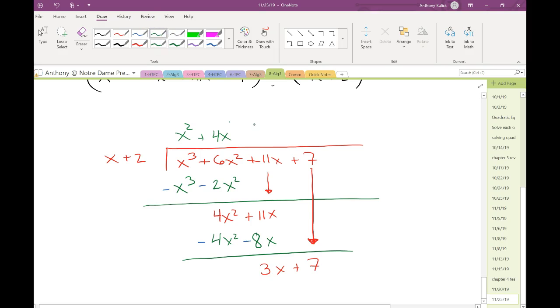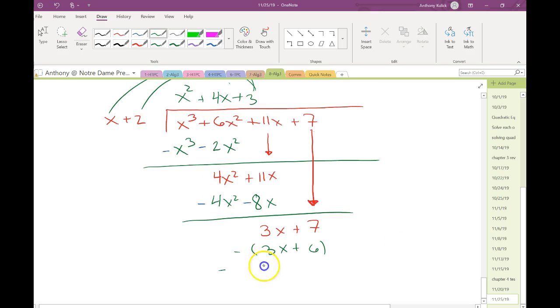And one more time we ask, what times x gives me 3x? 3. So I'll write a plus 3 up here. And then I multiply that to each part of my divisor. That gives me 3x plus 6. And I'll subtract down.